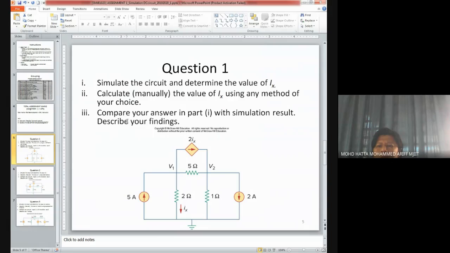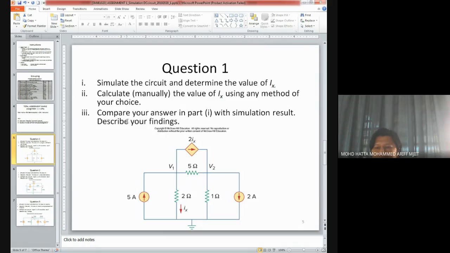You need to describe whether your simulation gives the same answer as your manual calculation. If not, you should state the reason why your answer is a bit different between the simulation results and the manual calculation.